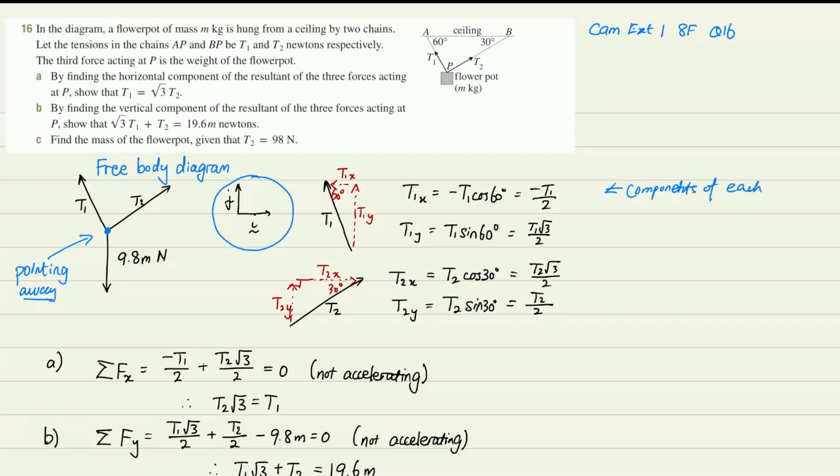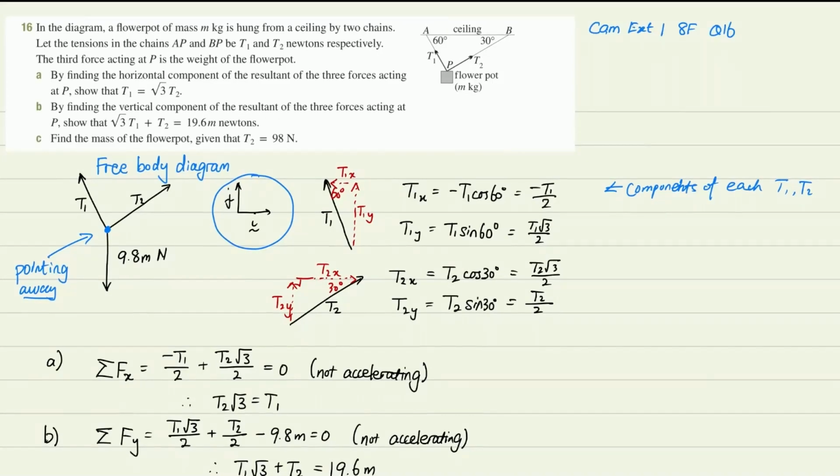And we need to do each of these tension forces separately because they're two separate forces going in different directions. Here we're working out the horizontal component of tension 1 and the vertical component of tension 1 by drawing a separate triangle.